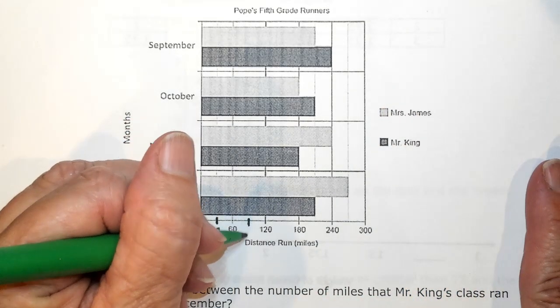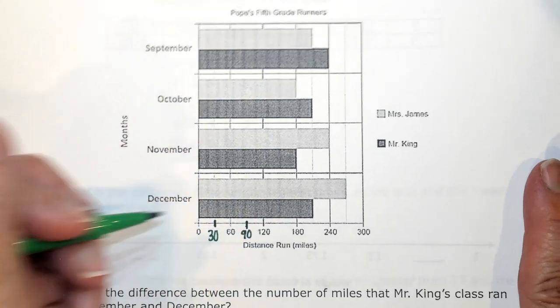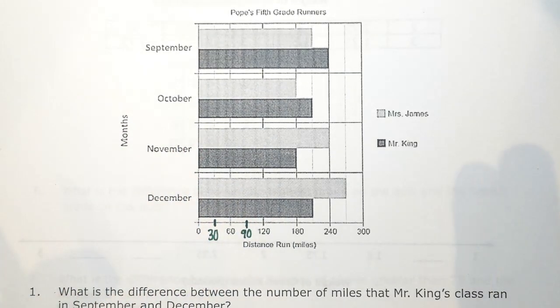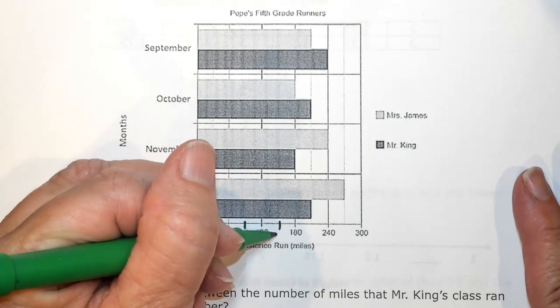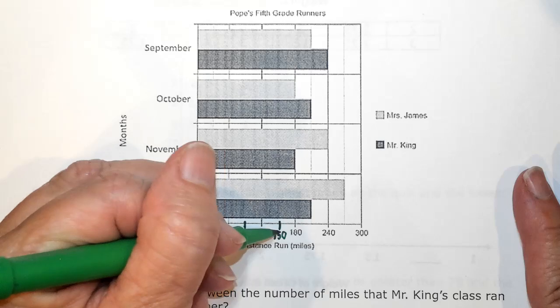So this interval would be marked 90. And 30 more would be 100, 110, 120. So yes, that's matching up perfectly. 30 more than 120 would be 130, 140, 150. So I'm going to mark that here, 150.